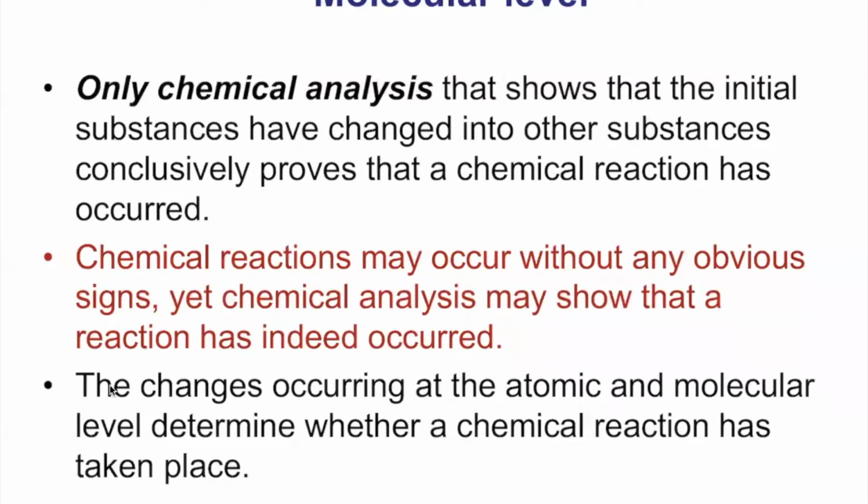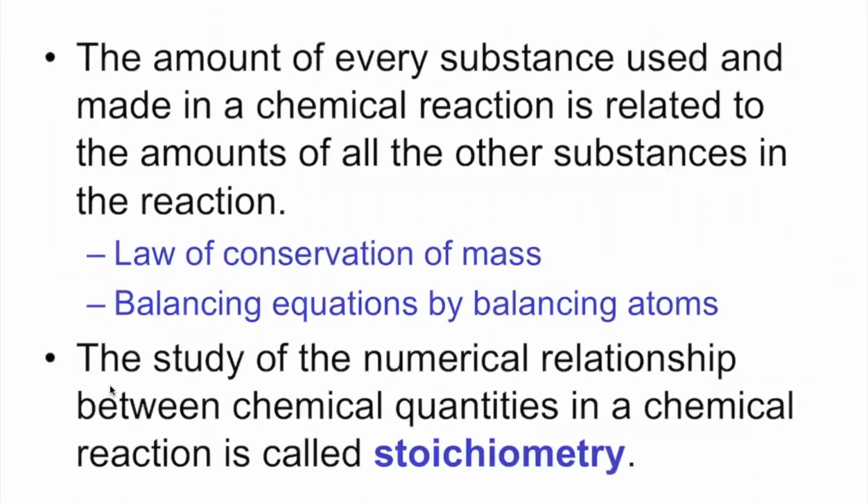Now, before we get into chemical reactions, we have certain rules, certain laws that we have to go over before starting to write reactions and analyzing and all that stuff. So the amount of every substance used and made in a chemical reaction is related to the amount of all the other substances in the reaction.